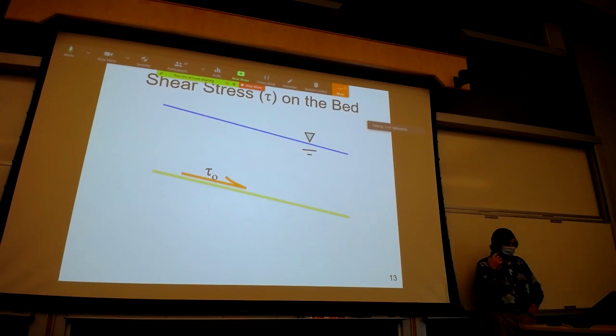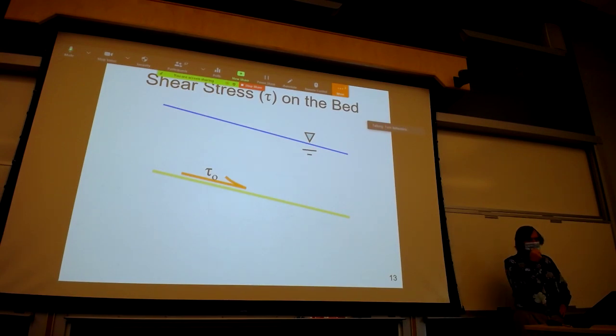So again, the shear stress on the bed is where all the frictional resistance comes from, and therefore the energy losses, just like in a pipe.